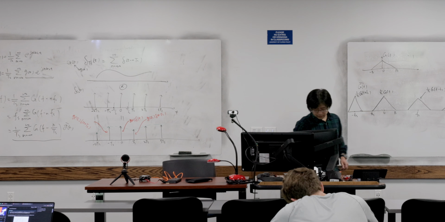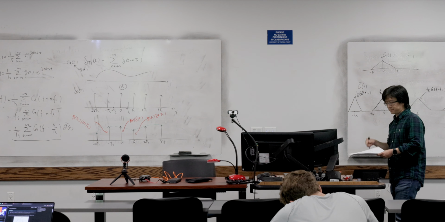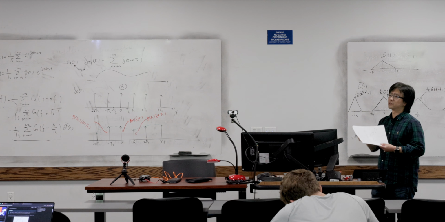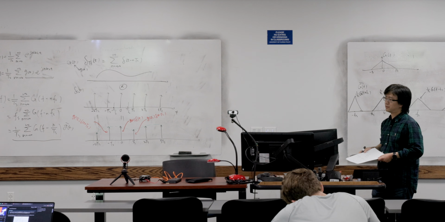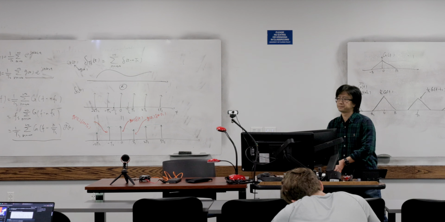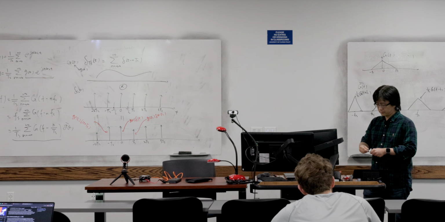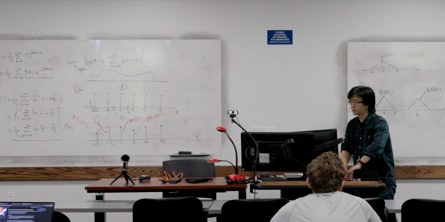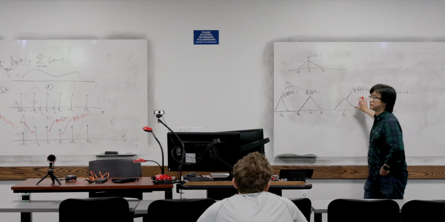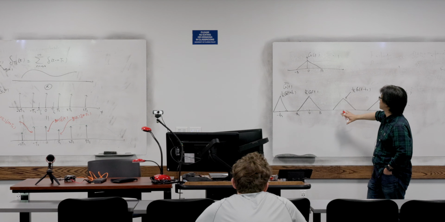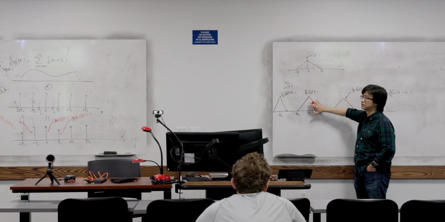Now I think it's pretty clear how we recover the original signal G(f) exactly. How can we recover it? This is our sampled signal. How can we recover this guy from here?